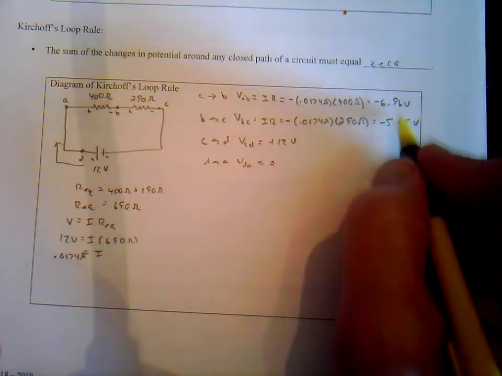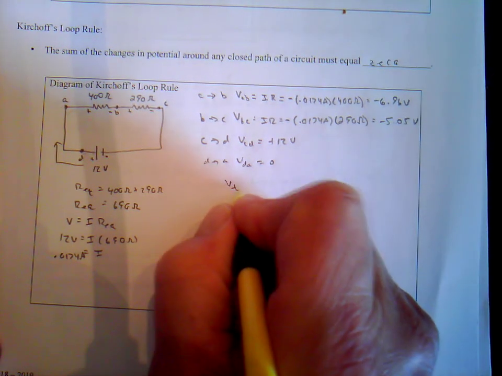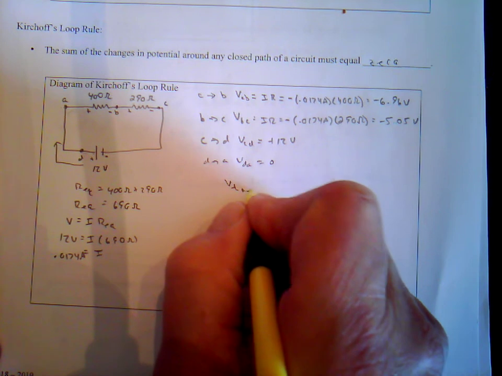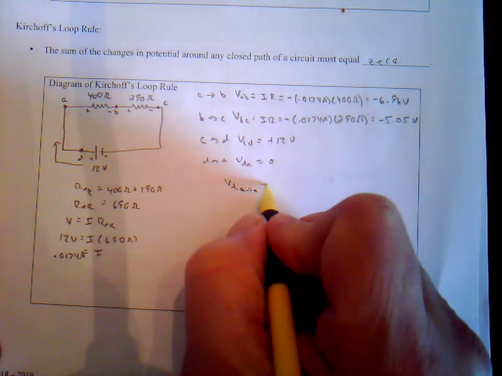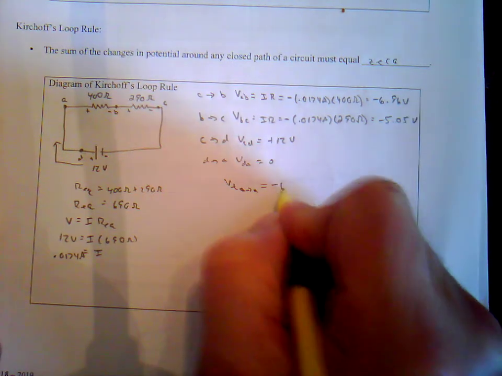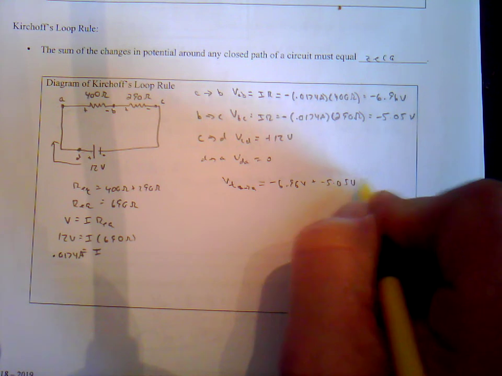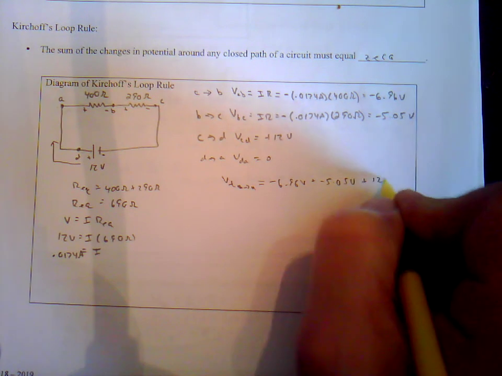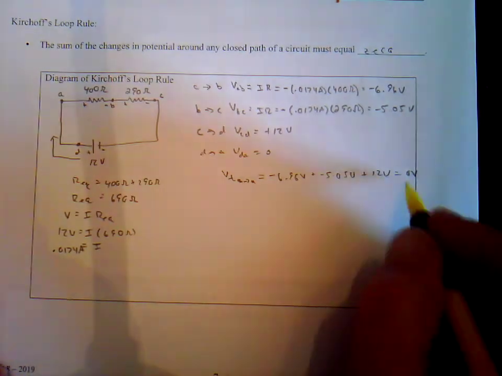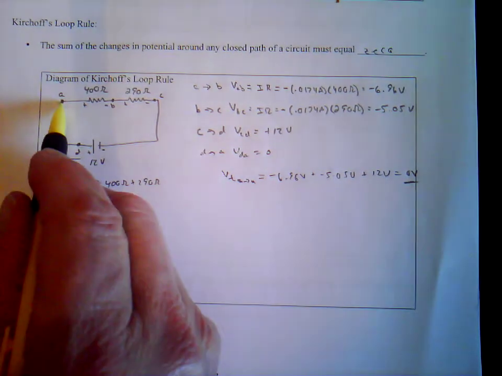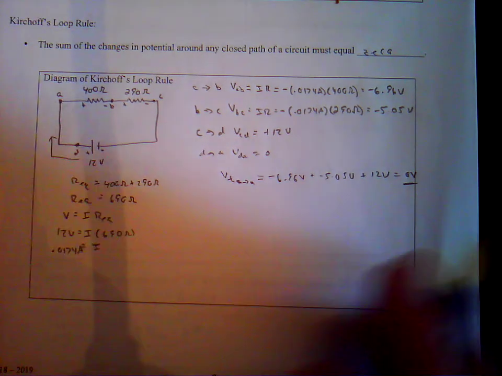So then if we add all these voltage changes together, the total voltage from A back to A, we add all these up, negative 6.96 volts, plus negative 5.05 volts, plus 12 volts. We virtually get 0 volts, taking into account some minor error. So there's no potential change if you start at the same point in the circuit and move through a closed path to that same point.